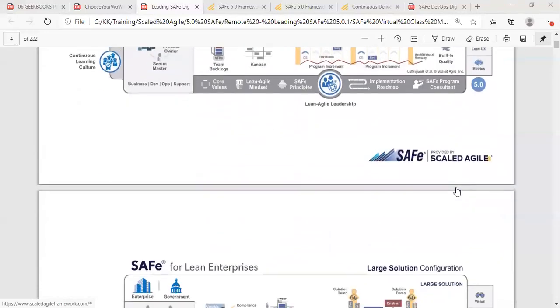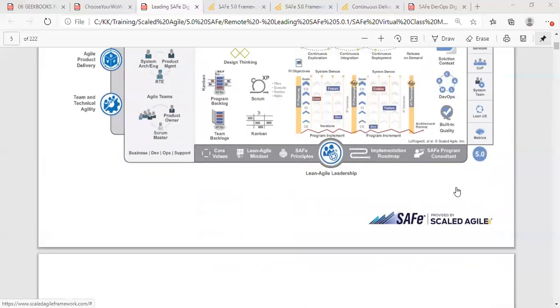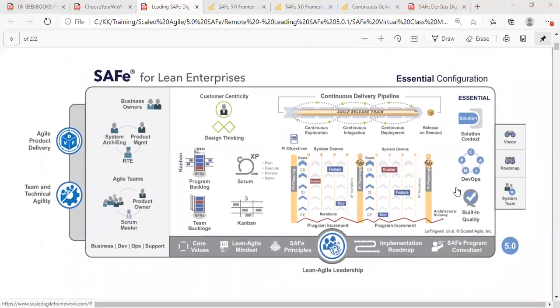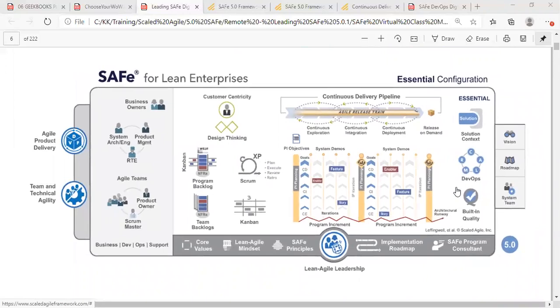So this is where we have the essential layer, the essential configuration itself. Let's do a deep dive and understand what exactly this has to offer. As I said, the essential layer is the mandatory layer and the primary layer of SAFe, which means the other two layers, the large solution and portfolio layers, are optional, right?